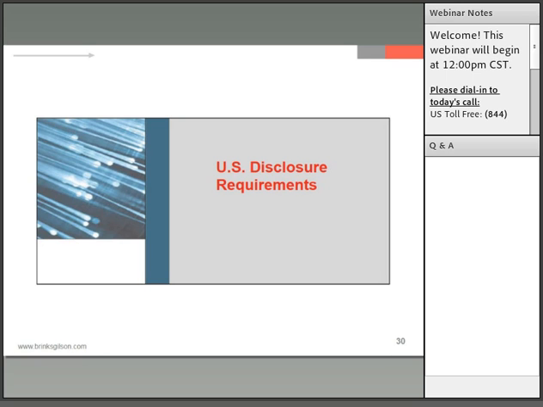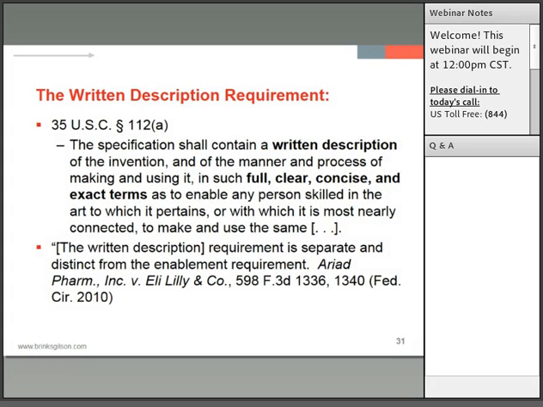Now, when we come to the U.S., we face different problems. These problems in Europe we do not face in the U.S., where we can oftentimes just even draw features from the drawings. But in the U.S., on the other hand, we have different requirements that are stricter than in Europe. So in the U.S., the pertinent section of the patent code is 112(a), which deals with a written description requirement.